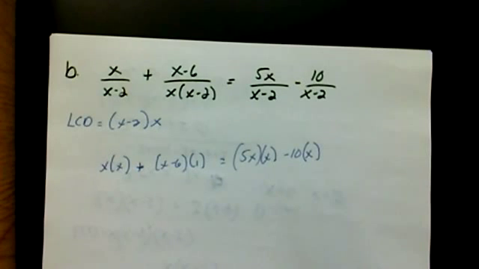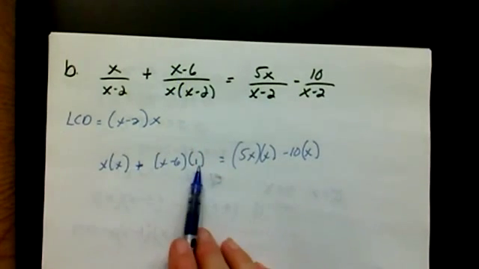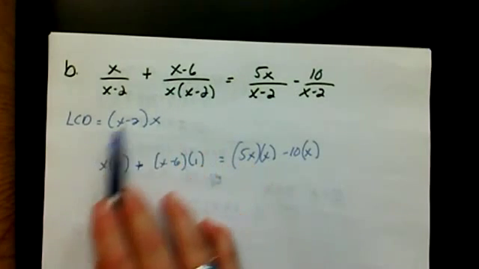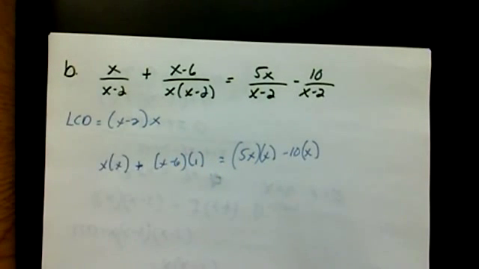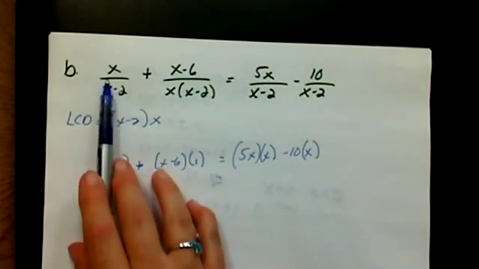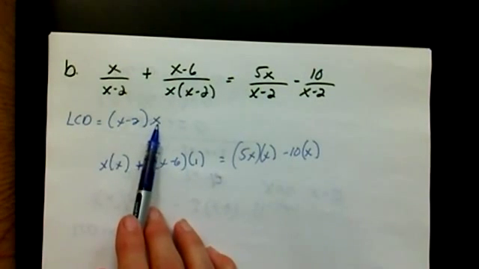So multiply that LCD by each piece, and you get that. The x minus 6 doesn't get multiplied by only 1 because all of this is the LCD, so there's anything else it gets multiplied by. Then each of the x minus 2 denominators, the numerator is going to get multiplied by the x that we had in our LCD.